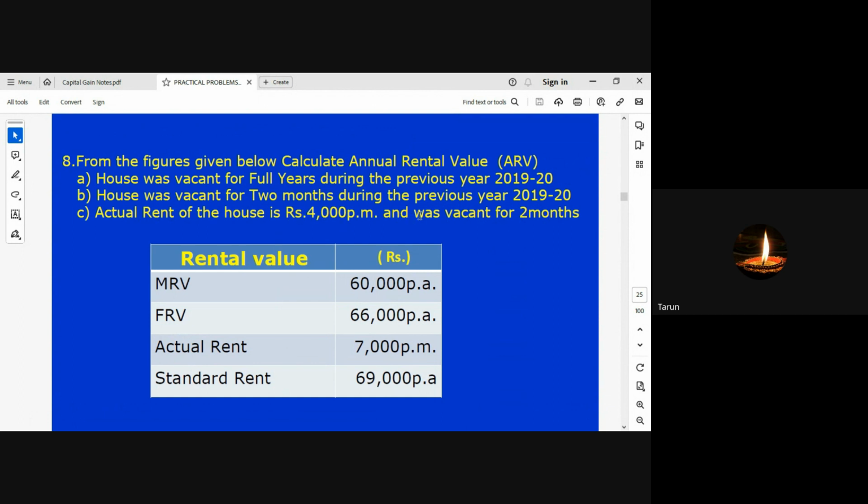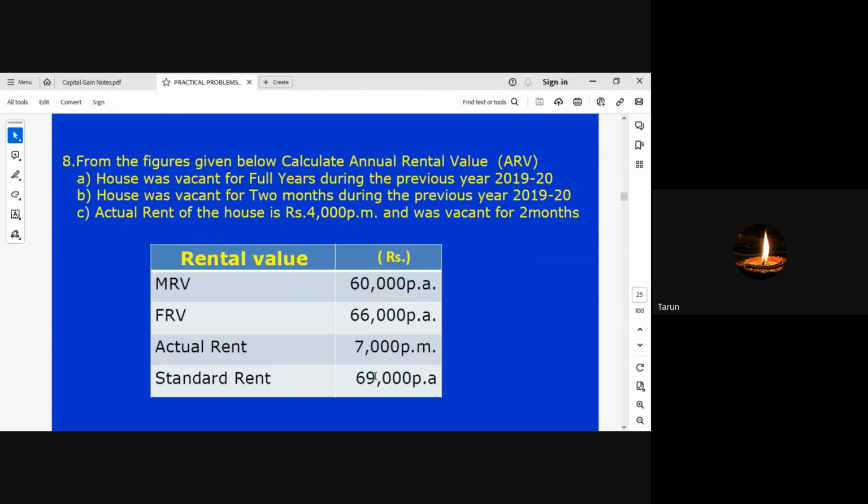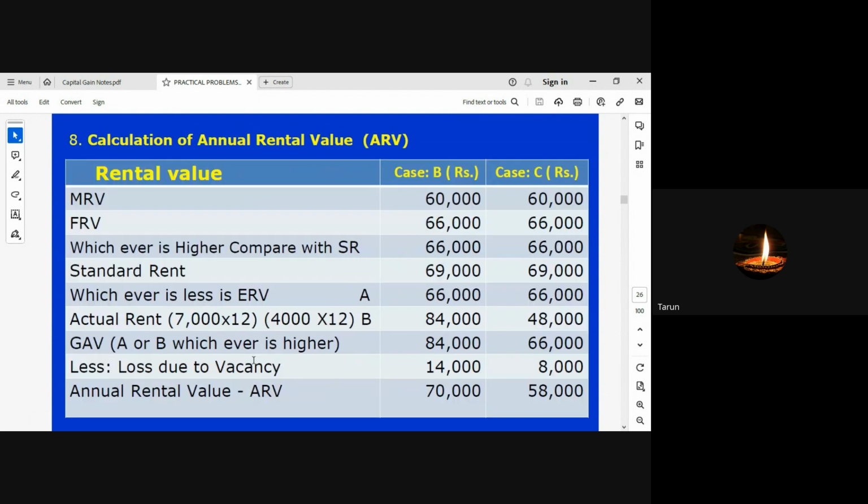So 4,000 into 2, that is 8,000. The actual rent is estimated as 4,000 into 12, but the loss due to the vacancy is 4,000 into 2, that is 8,000 rupees in case C.